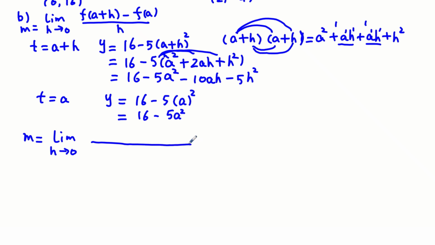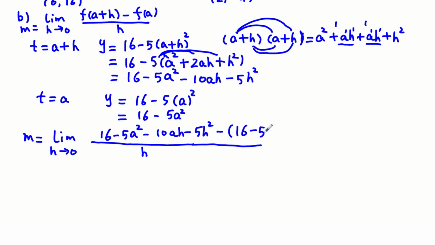So divide by h, then f at a plus h is 16 minus 5a squared minus 10ah minus 5h squared. Then minus, when x equals a, the output, minus bracket. Remember, put in bracket. Because it's minus at the front of the bracket, when you expand the bracket, you need to change both signs inside the bracket.